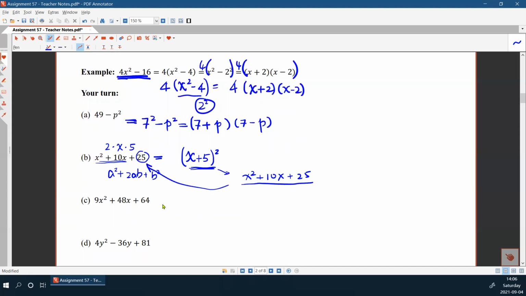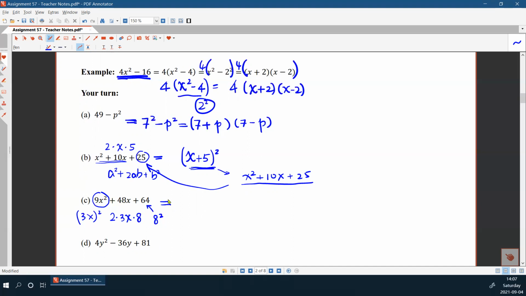Right? Okay, next one. Note that 9x squared is 3x squared, and 48x can be written as twice of 3x multiplied by 8, right? And 64 happens to be 8 squared.